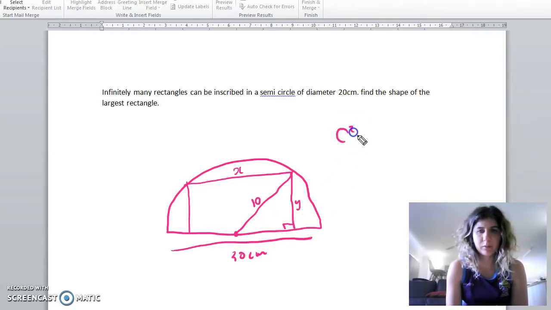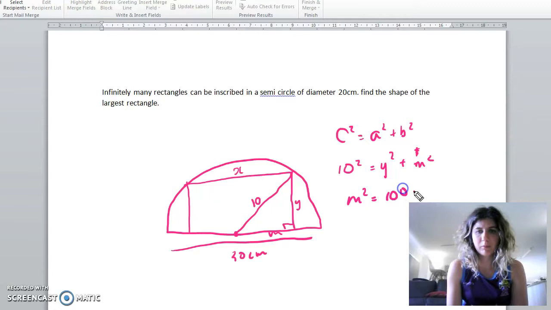So we're going to have c squared equals a squared plus b squared. 10 squared equals y squared plus, we'll call this one m squared. Okay, so m squared equals 100 minus y squared, and m is going to be the square root of 100 minus y squared. Now, because this is the length, we don't need the plus minus here.